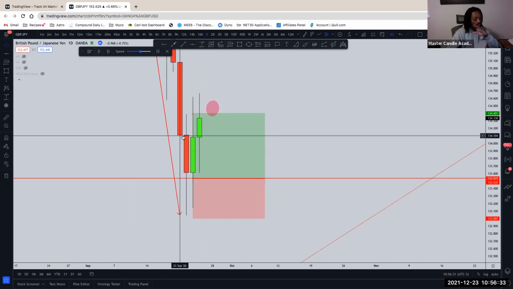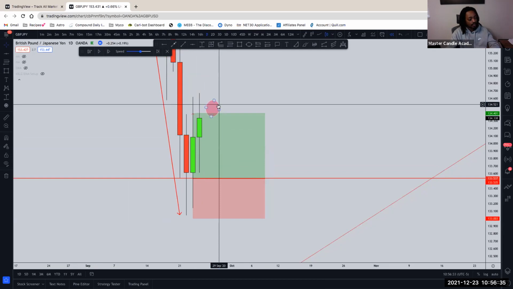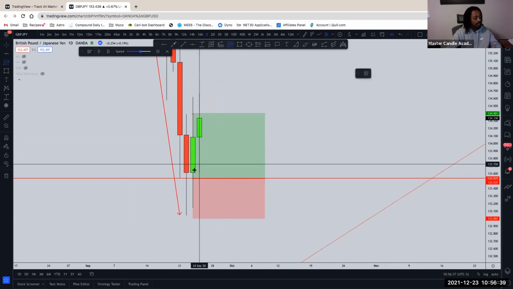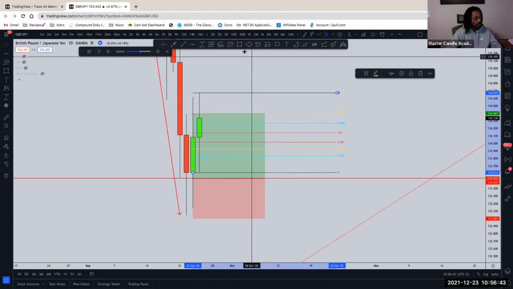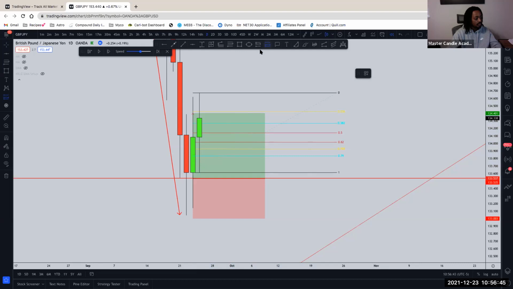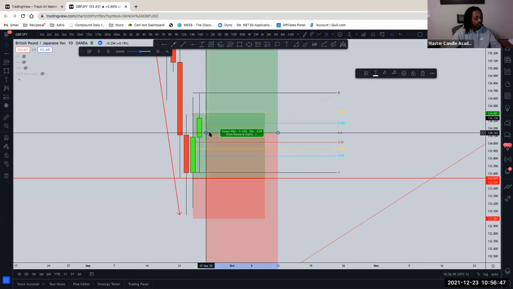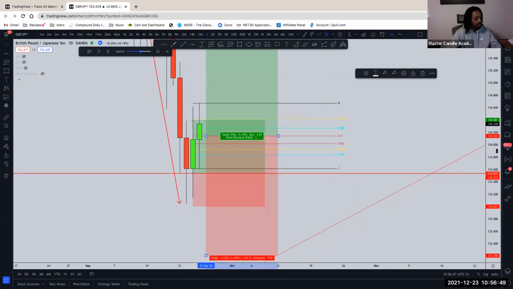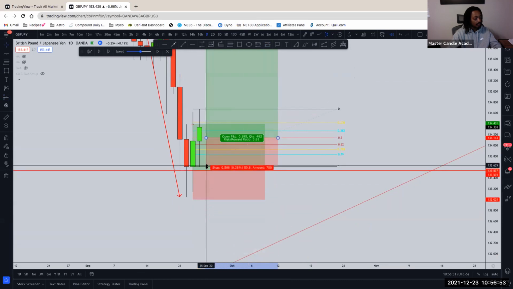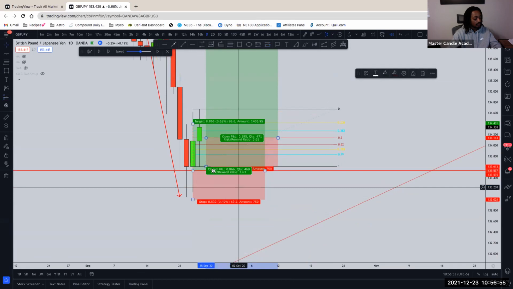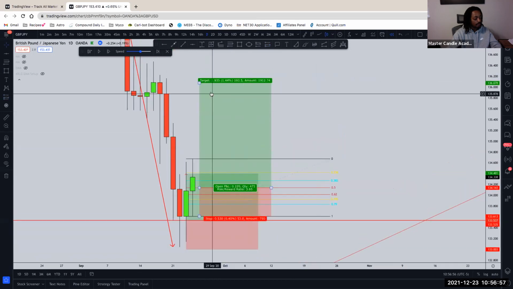It's just straight price action right here, guys. Straight price action. When in doubt, fib it out. And we would be looking to enter the market around the 50%. Stop loss at this point would be below the previous level.